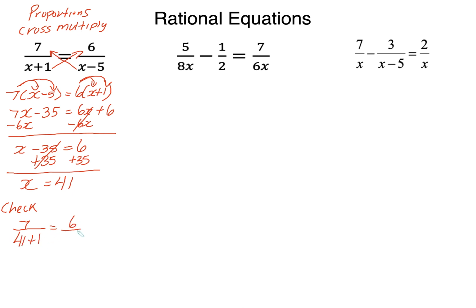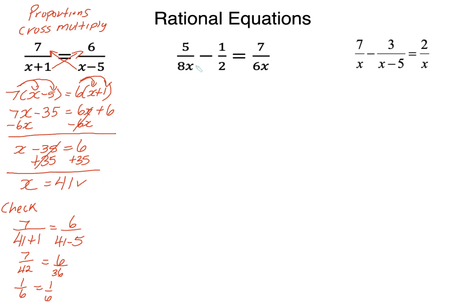And this will be 6 over 41 minus 5. This will be 7 over 42, which equals 6 over 36. And I'm going to simplify this. This is actually going to be 1 over 6 equals, and if I simplify this, 1 over 6 as well. So your answer is correct.